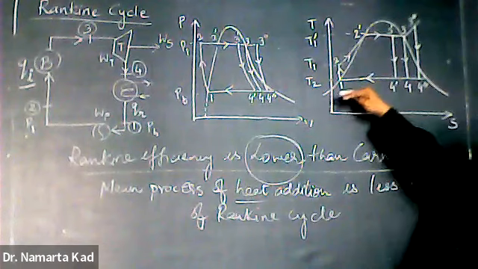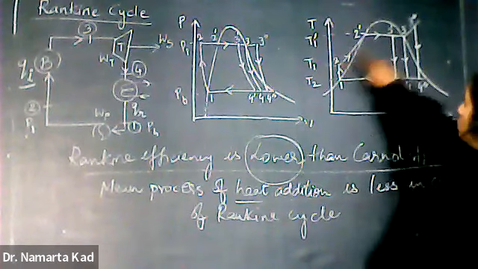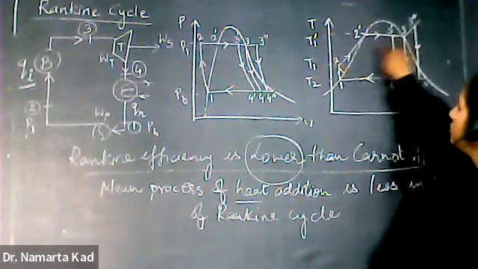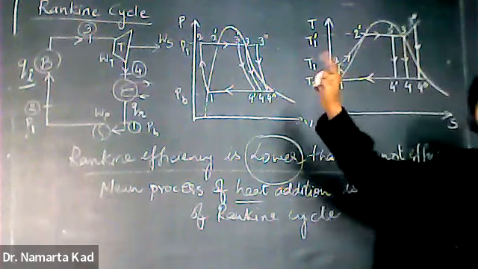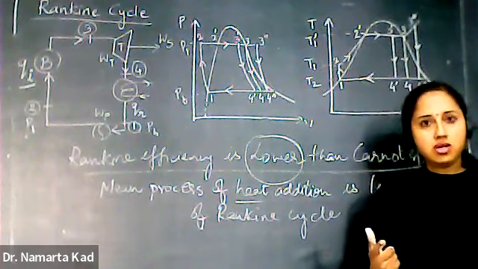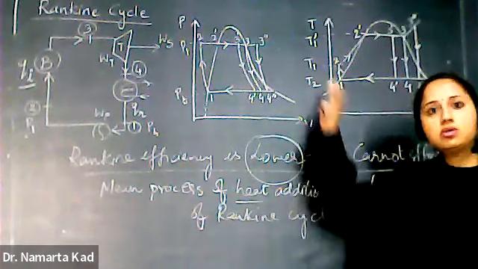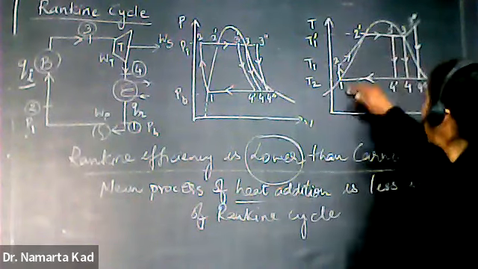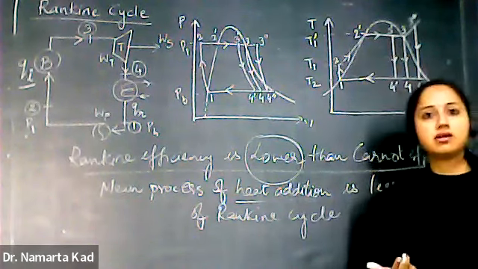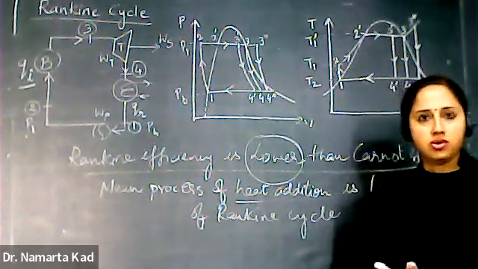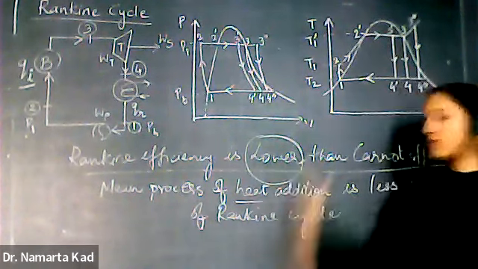But the heat addition process takes place between 2 and 3, and here there is a variation in the temperature. So this is the main reason. Whereas in the Carnot cycle, both processes 2, 3 and 4, 1 take place at constant temperature. That's why the overall efficiency is lower.